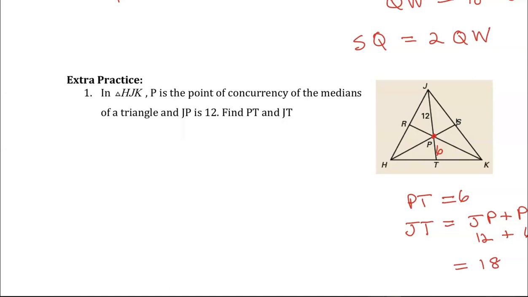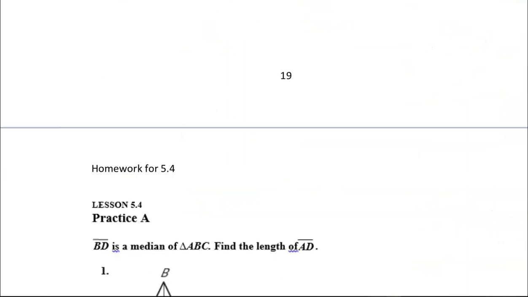So there's good little things to figure out about these relationships. So PT was 6 because it was 1/2 of JP. And then JT was 18 because it equaled JP plus PT.